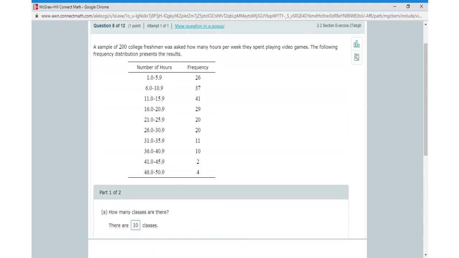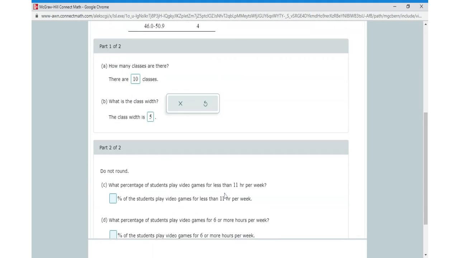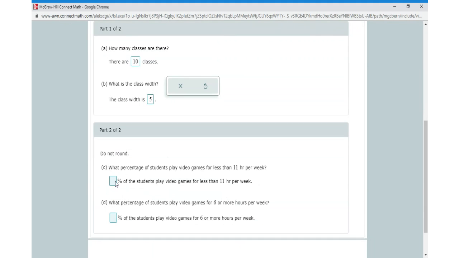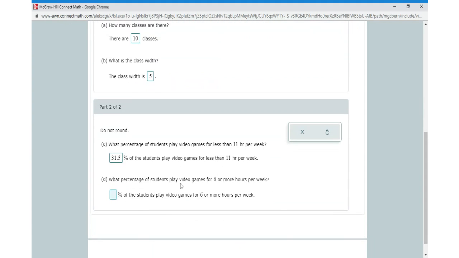And then we're going to divide that by the total, which is 200. So that's 0.315. So 31.5%.